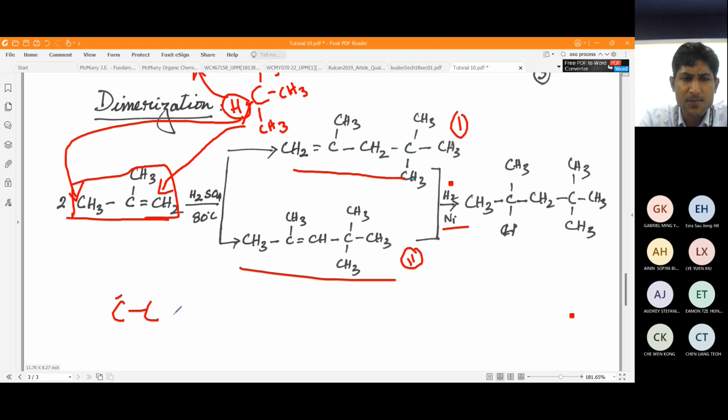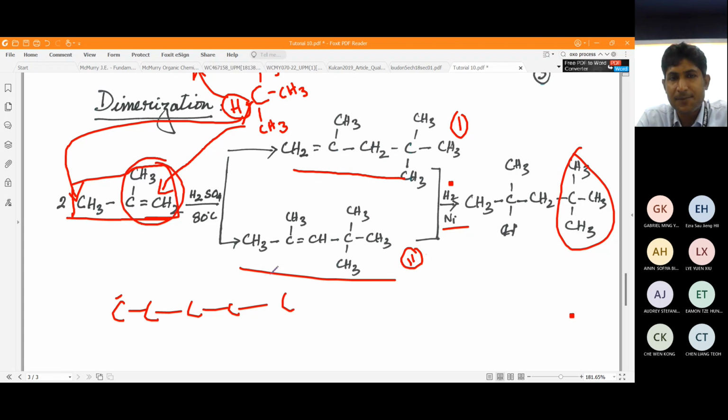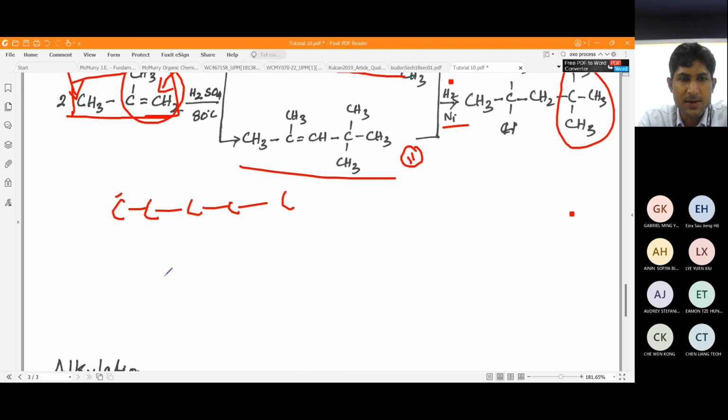Carbon, carbon, carbon, carbon. You can increase the carbon length, no problem. That is not that big an issue, but with dimerization, when you are adding a branched chain reactant, it is different, right? So there is this way we can add the reactant in dimerization.